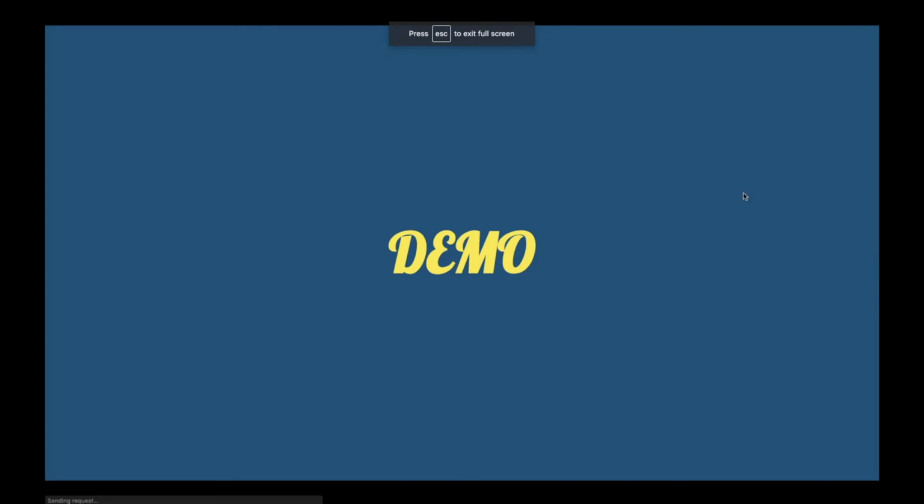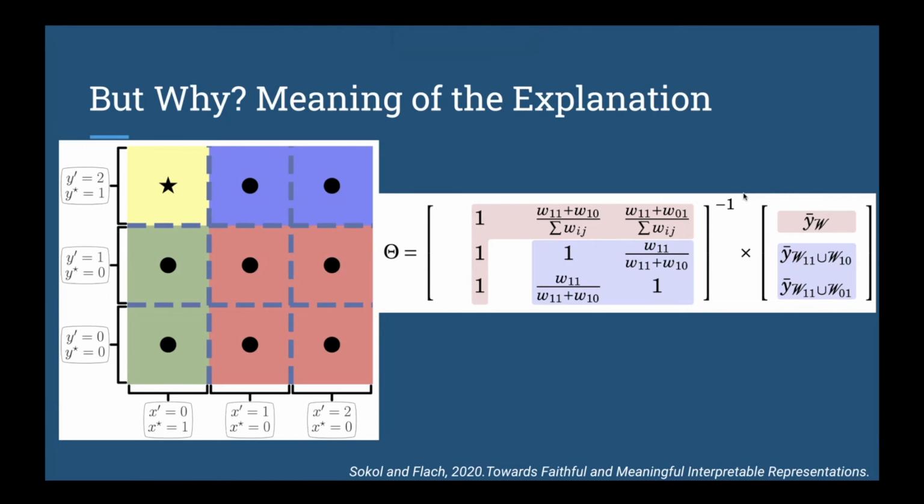Okay, so that's most of surrogate explainability. And just to give you a bit more technical detail on why and what matters in terms of surrogate explainers.